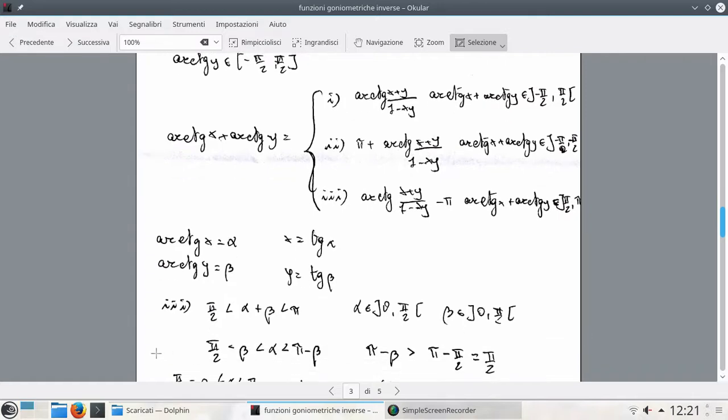We have pi less than alpha plus beta less than pi, with alpha and beta belonging to the open interval between 0 and 1/2 of pi. We can modify this relation into 1/2 of pi minus beta less than alpha less than pi minus beta.